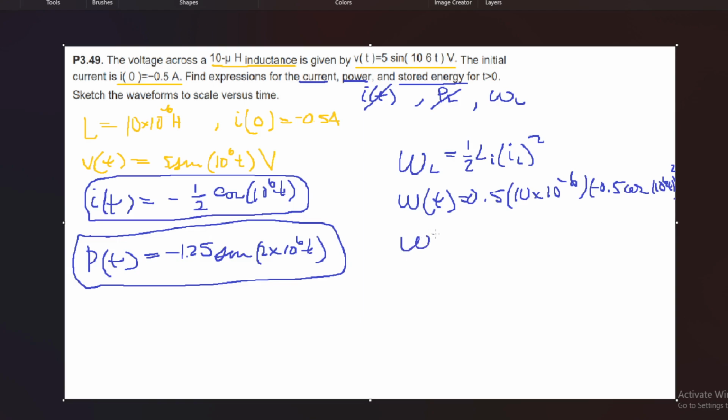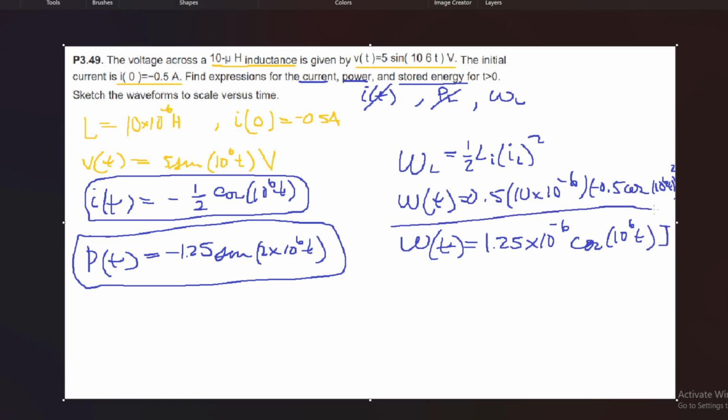So then if we do the algebra, we're gonna end up with 1.25 times 10 to the 6 cosine 10 to the 6t. This should be joules. I just plugged this into my calculator.